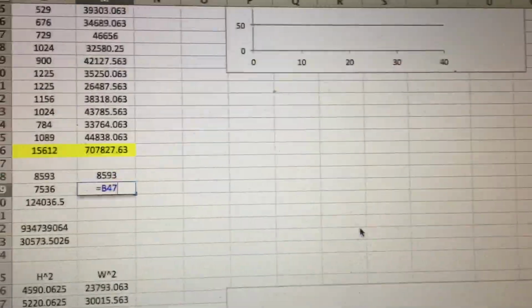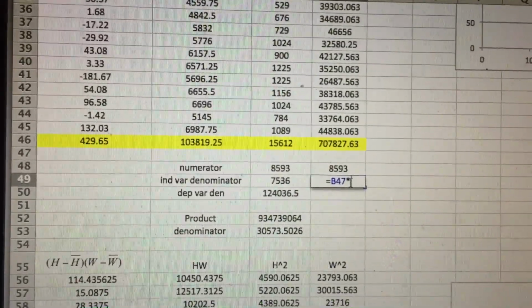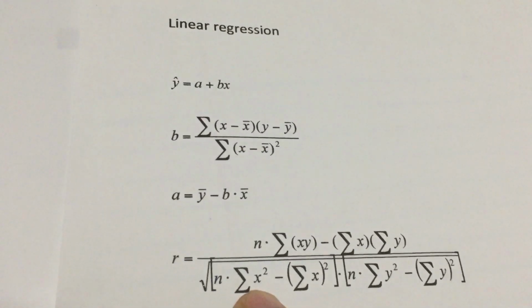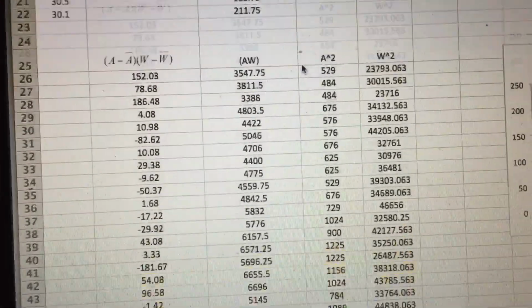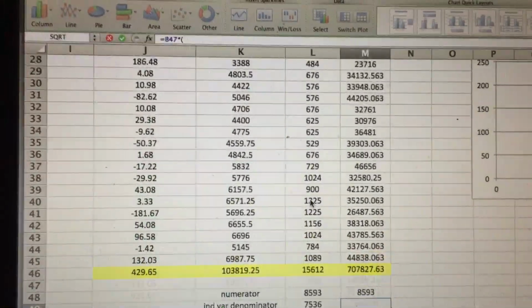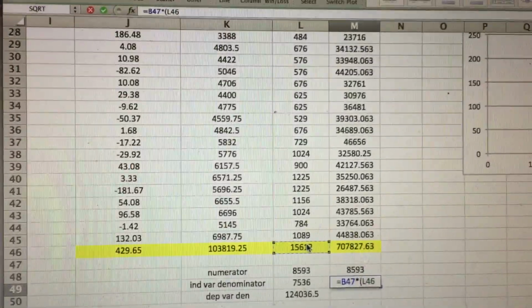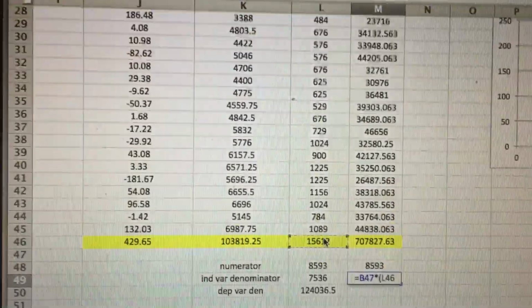We are going to times that by the sum of the age squared, which is here, right? We've got the age squared, take that sum, and then we're going to minus, oh, let's close that off.